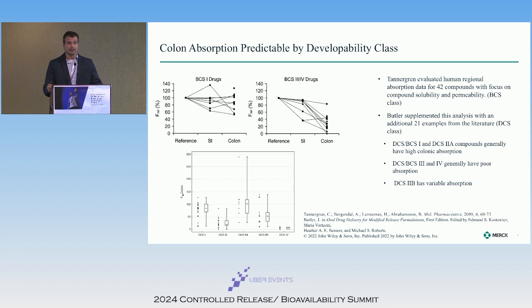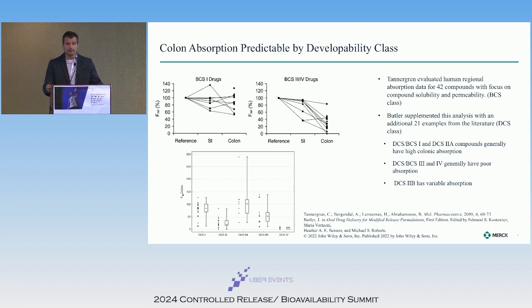This one he plotted by DCS class instead of BCS class, but it confirms this: if you're in the equivalent of BCS1, in this case DCS 2A, which is dissolution limited absorption, you're generally going to have pretty high colonic absorption, so you have a good candidate for MR. If you're in your low permeability classes, you're probably going to be struggling because you're not going to have good absorption.